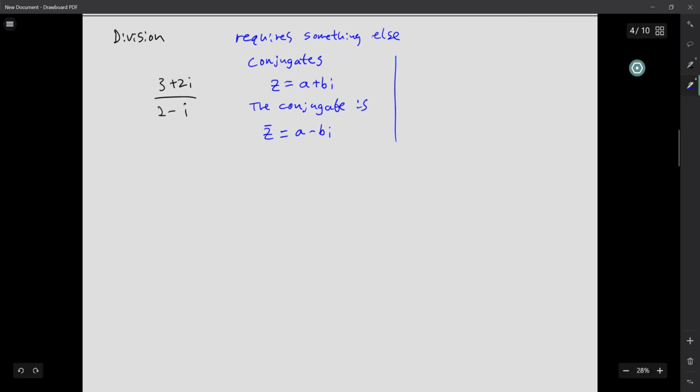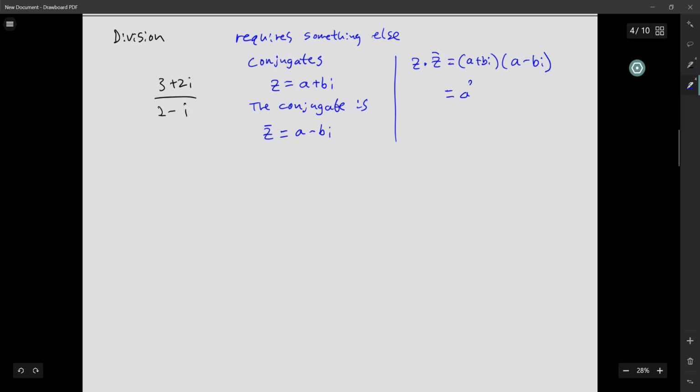And the power of the conjugate, z times z bar, is that when I multiply them, this is (a plus bi) times (a minus bi), we now have what should give me the difference of perfect squares.